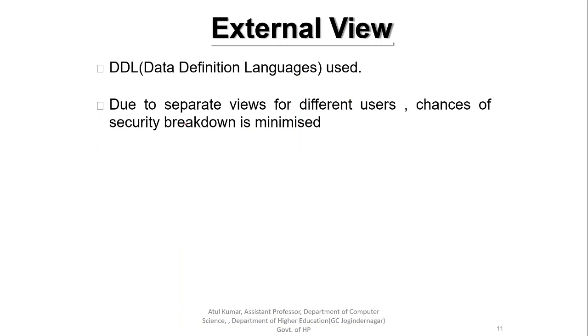The main language used in the external view is DDL, that is data definition language. Due to different or separate views for different users, the chance of a security breakdown is minimized in this kind of DBMS architecture.